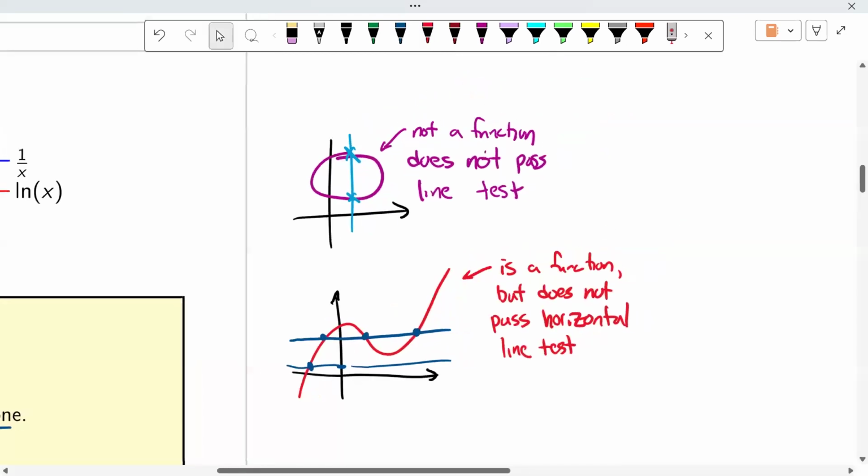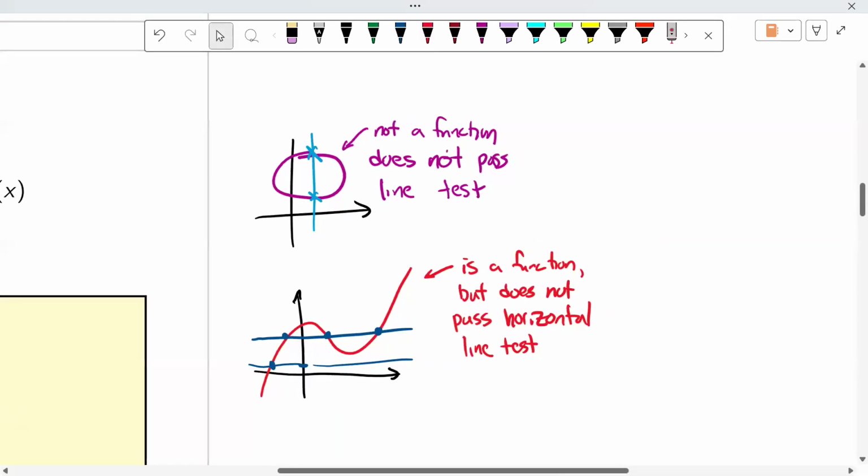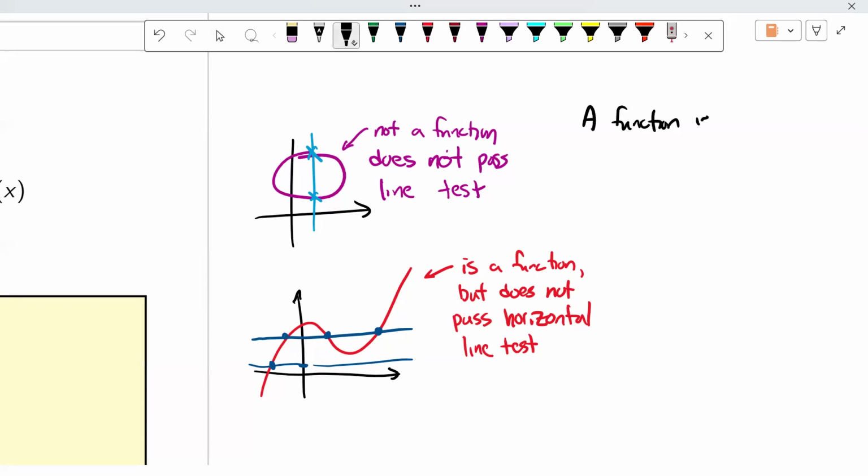And so sometimes we want to give a special name to functions that do pass the horizontal line test. We want to say, hey, is there a special name for functions that whenever I draw a horizontal line, it only hits at one point? And there is. It's called one-to-one. So a function is one-to-one if it always passes the horizontal line test.